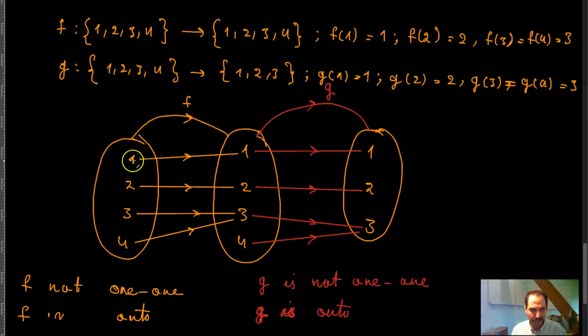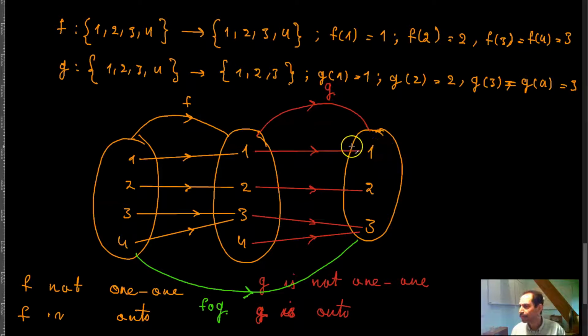And as you can see, g∘f is basically some function going from this set to this set. This is g∘f, not f∘g.